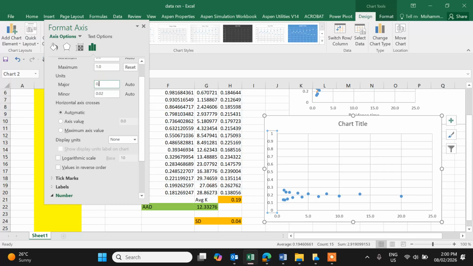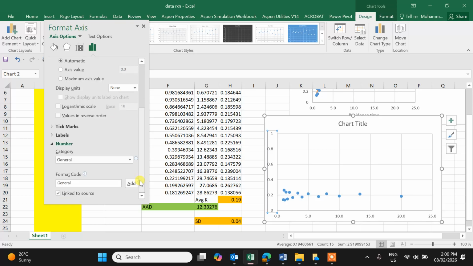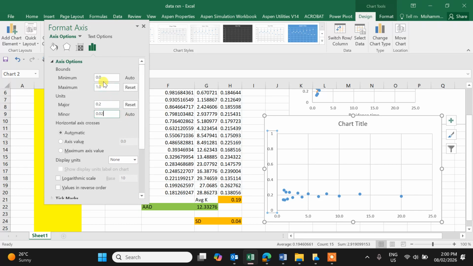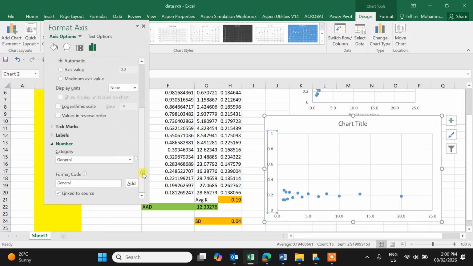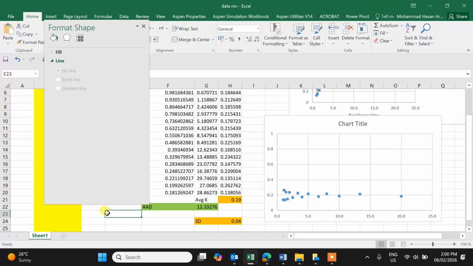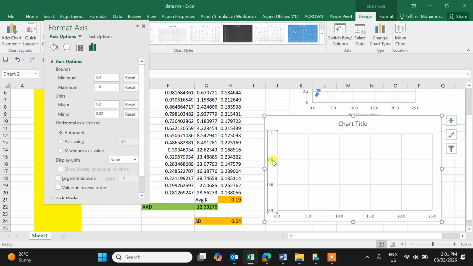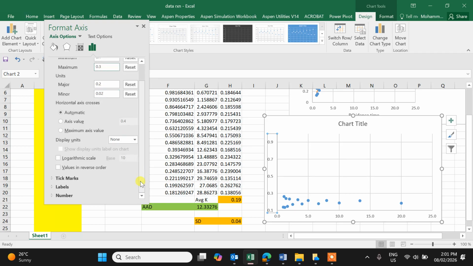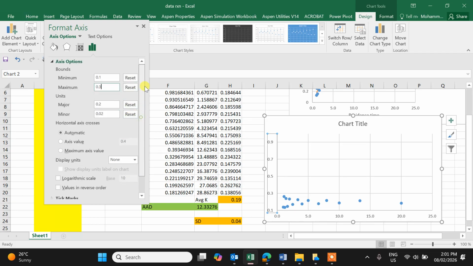Okay, so this scale we can also increase. Oh, okay, the minimum value is around 0.